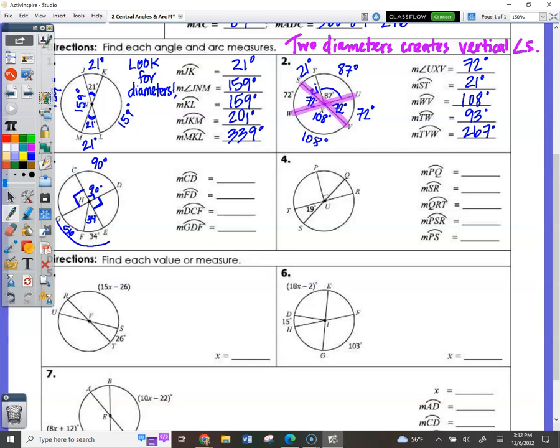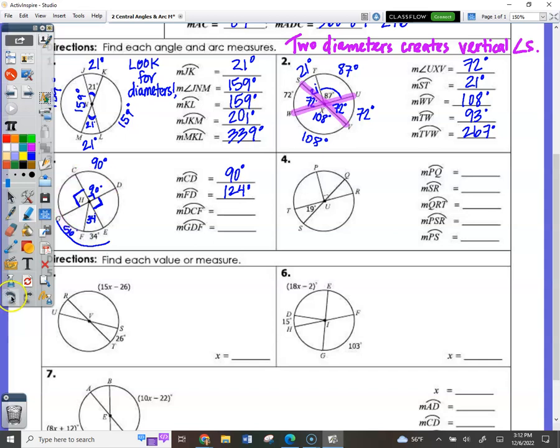So C to D is 90. F to D is 90 plus 34. D to C, end on F, would be 180 plus 56.